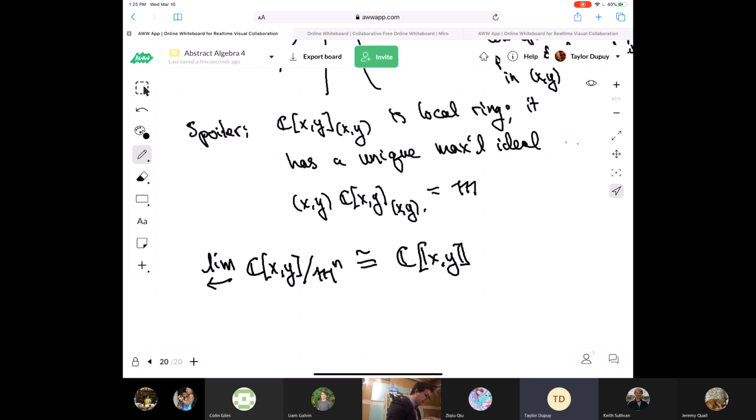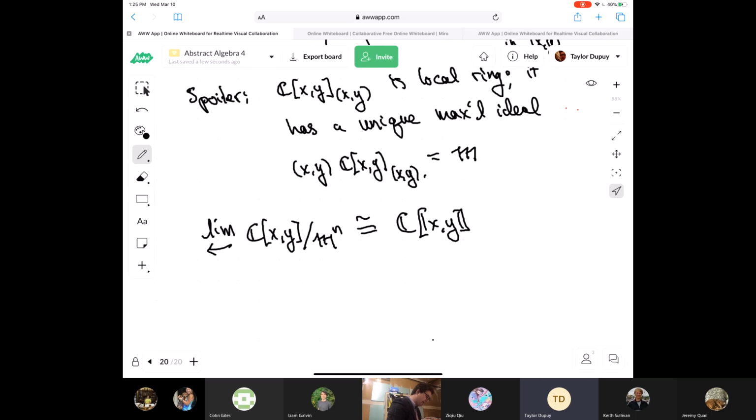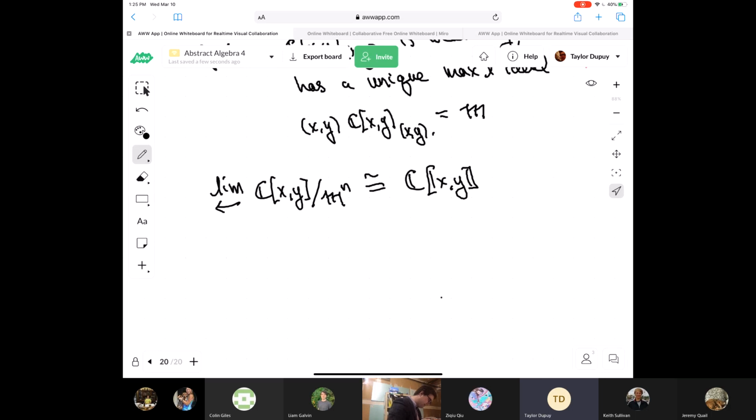Actually, sorry, this is what I wanted to say: if you complete the local ring, you get the power series ring. So power series should be thought of as kind of like higher order information.